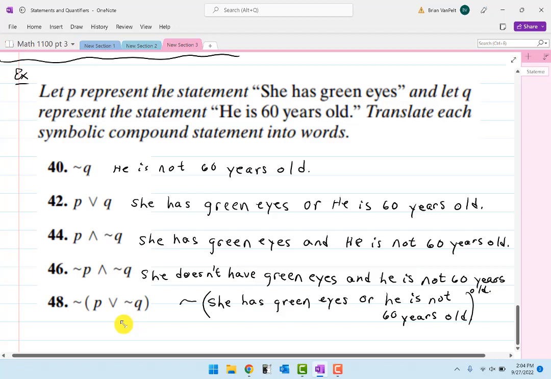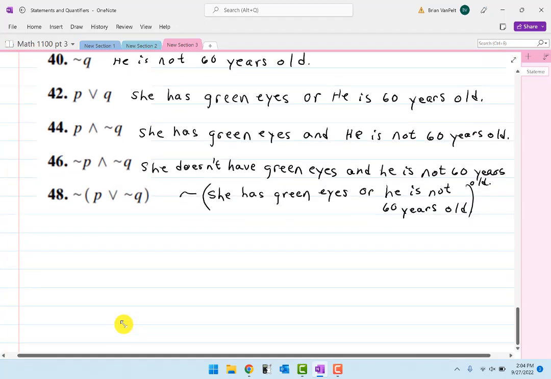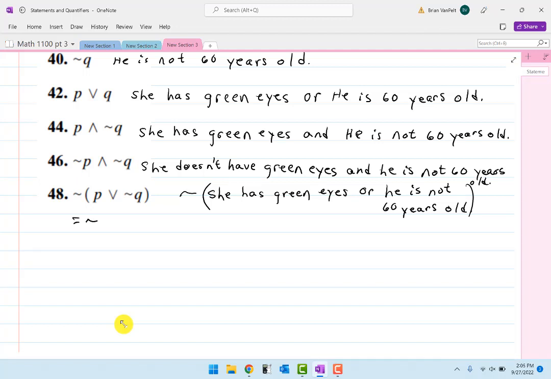So how do we do that? Well, we change an or to an and, and we do the negation of each thing inside. So basically the way this works, let me write this here. There's an equation involving this, and this equals not P and regular Q. So let's take a look and see what that version of it looks like.